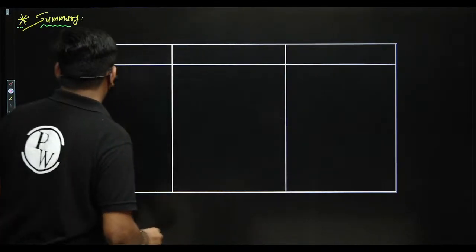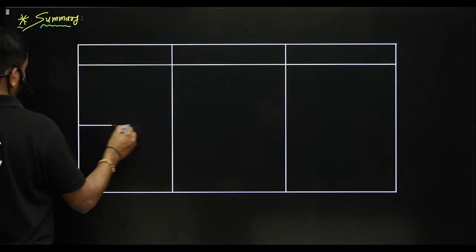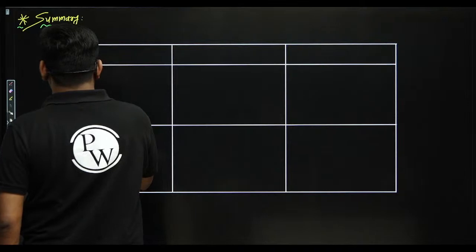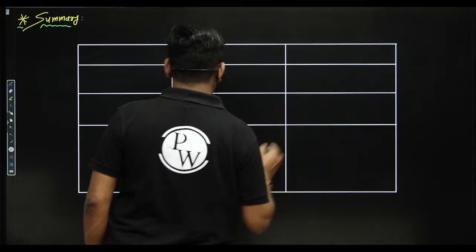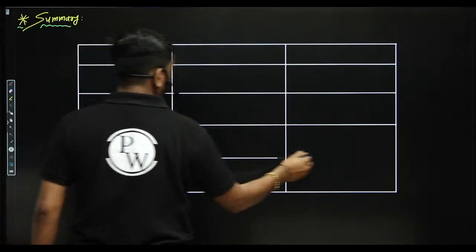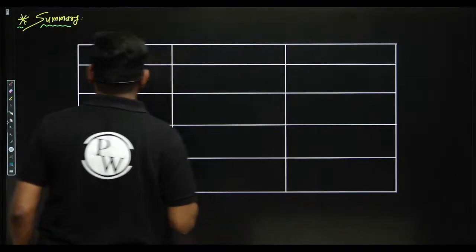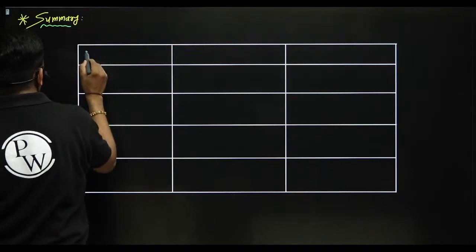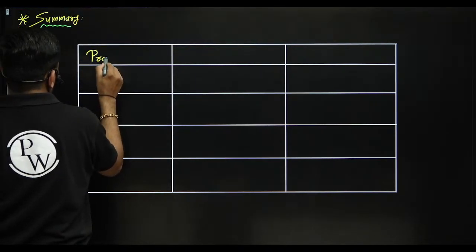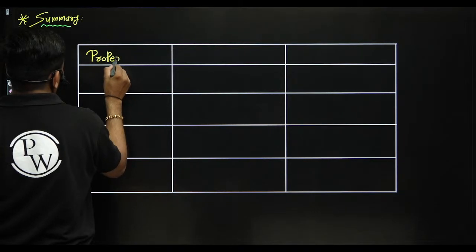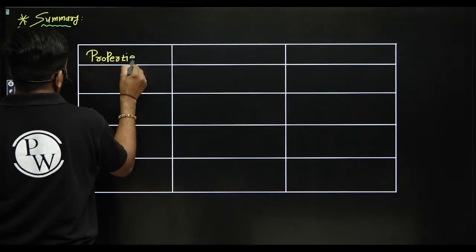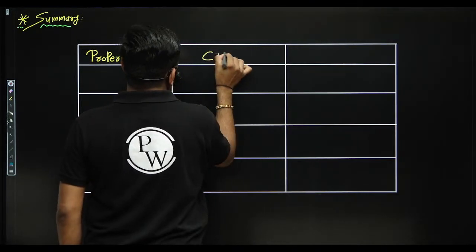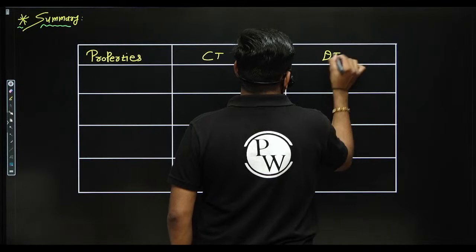Okay, let us prepare the summary table. Total 4 properties, correct? So here I'm writing different properties for the continuous time, and here I'm writing for the discrete time.